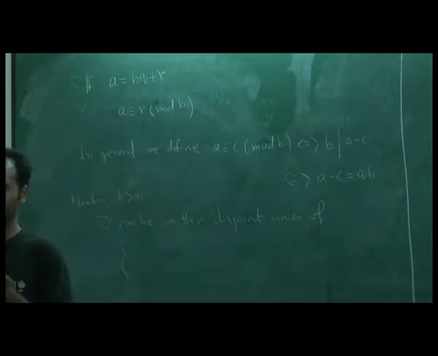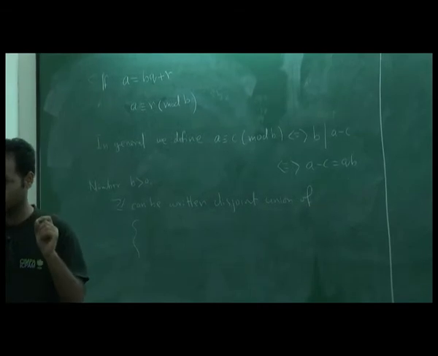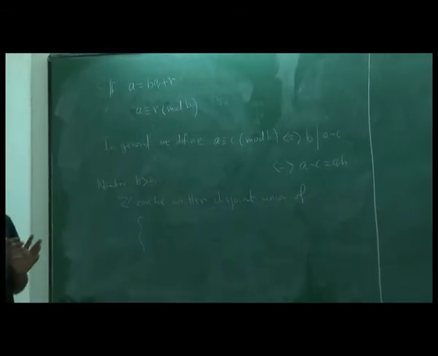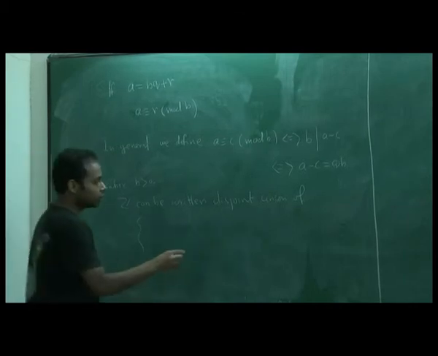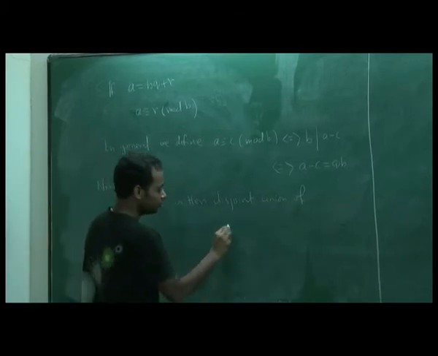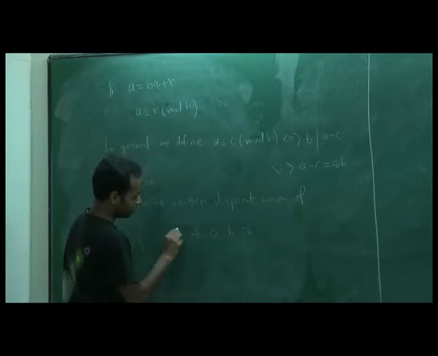A number that gives residue 0 and residue 1 cannot be the same, because one number cannot give two residues; residue is unique, which we proved. They vary between 0 and b minus 1. So you can write all these numbers: 0, b, 2b, minus b, minus 2b, and so on.